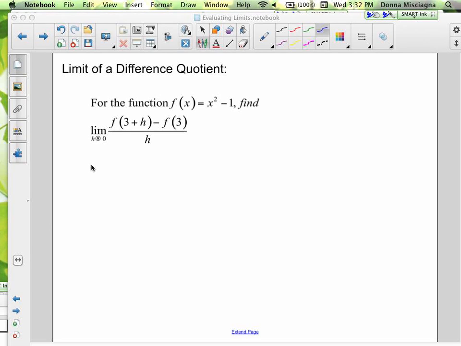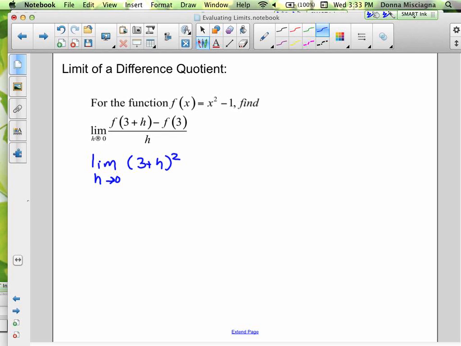Right, so we have the limit. I'll just keep writing and it'll eventually catch up to me as h approaches 0. So f of 3 plus h means we have 3 plus h squared, because we're replacing the x with the 3 plus h, and then minus 1 because that's the rest of the function.